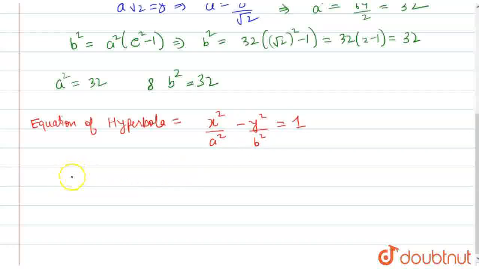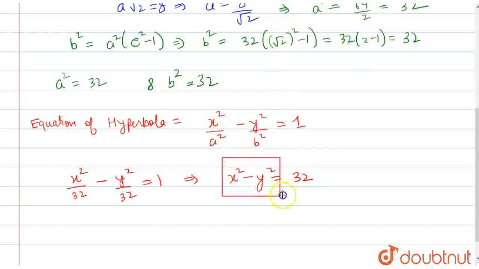So the equation will be x square upon 32 minus y square divided by 32 is equal to 1. So x square minus y square is equal to 32. This will be our equation for this question.